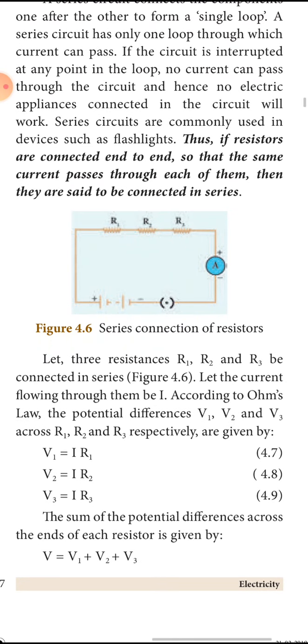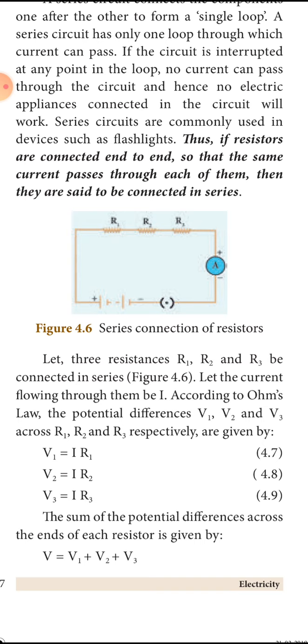According to Ohm's law, V is equal to IR. The voltage drop for resistance 1, resistance 2 and resistance 3 varies. Series connection means the resistances are connected one after another, end-to-end, and the current passing through them is the same. The potential differences across R1, R2 and R3 are V1, V2 and V3.